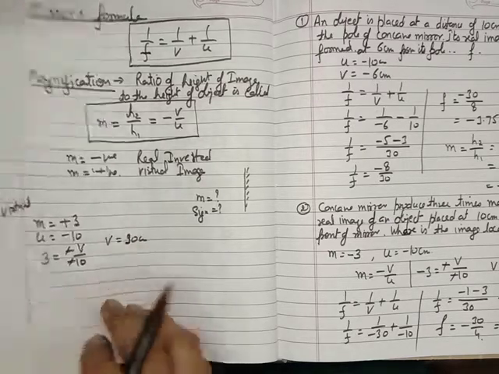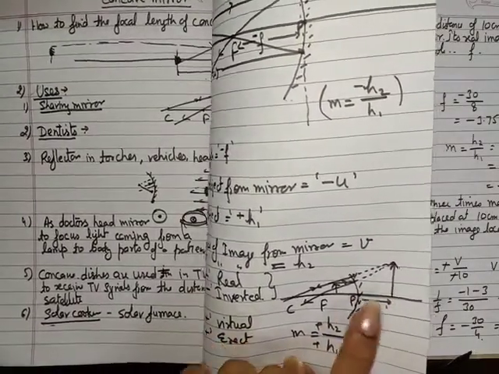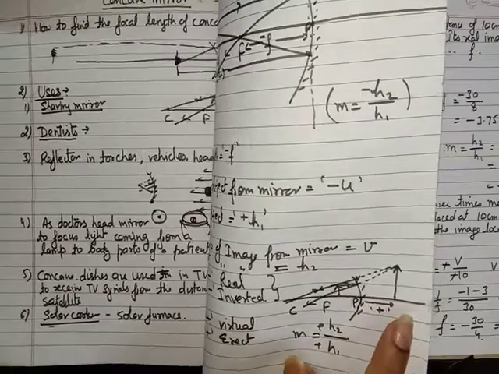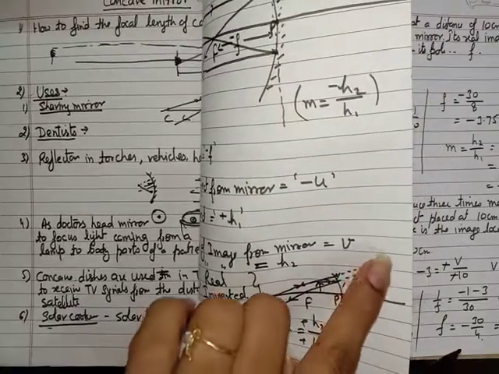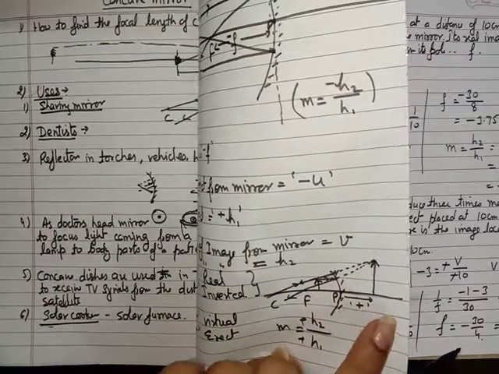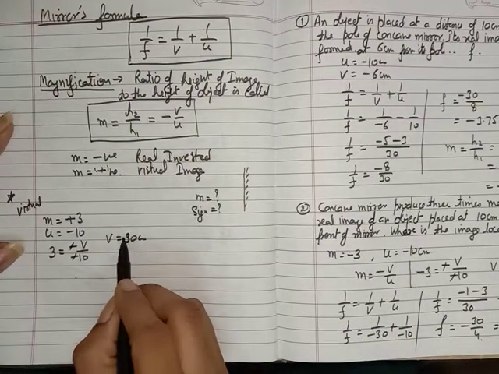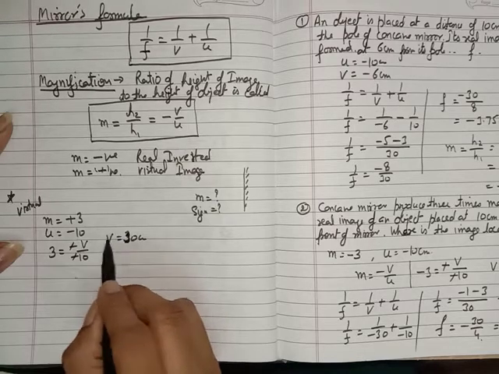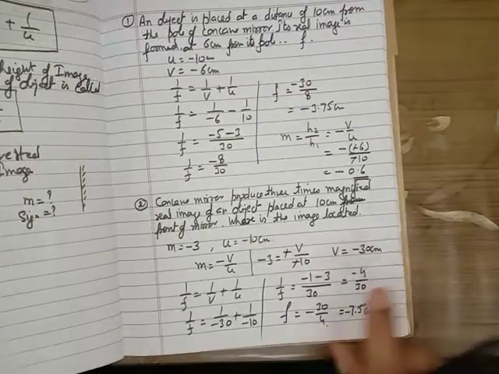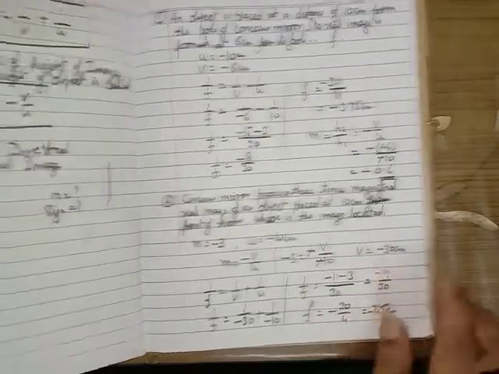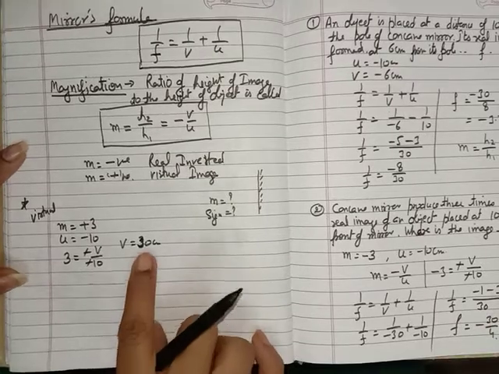Because a virtual image is always formed behind the mirror, and images formed behind the mirror always have the positive sign. So positive v means virtual image, and negative v means real image.